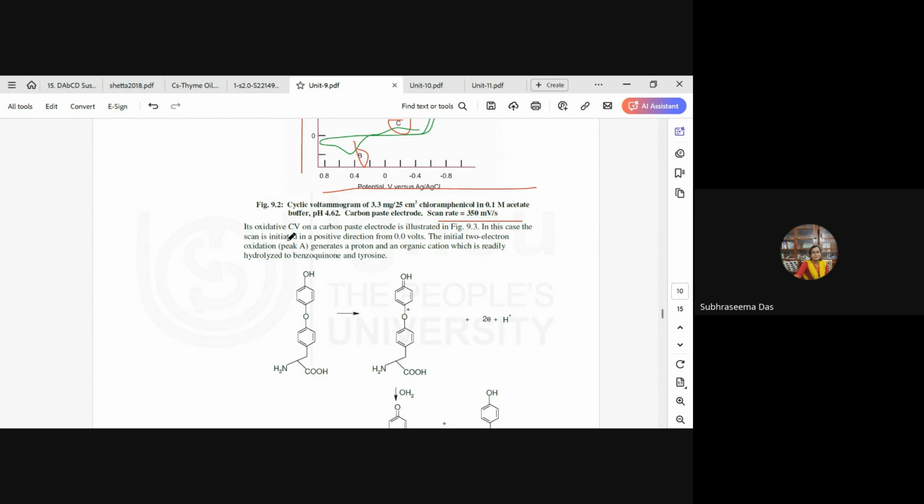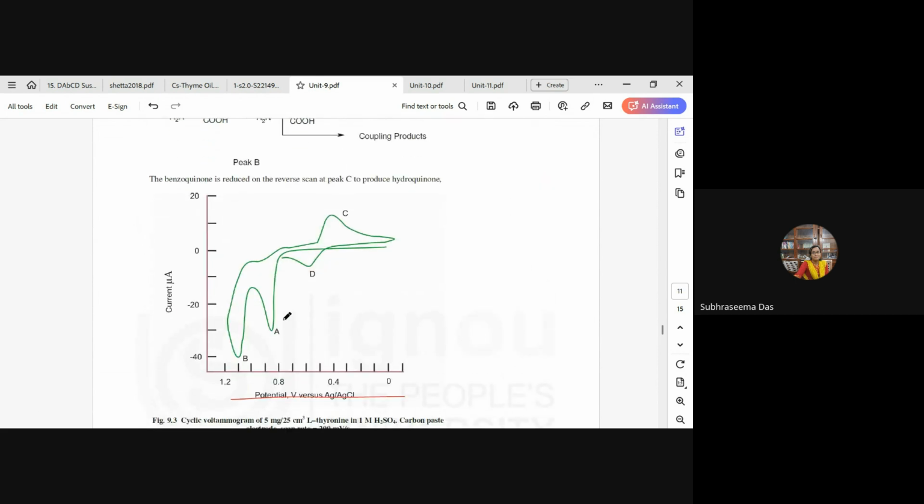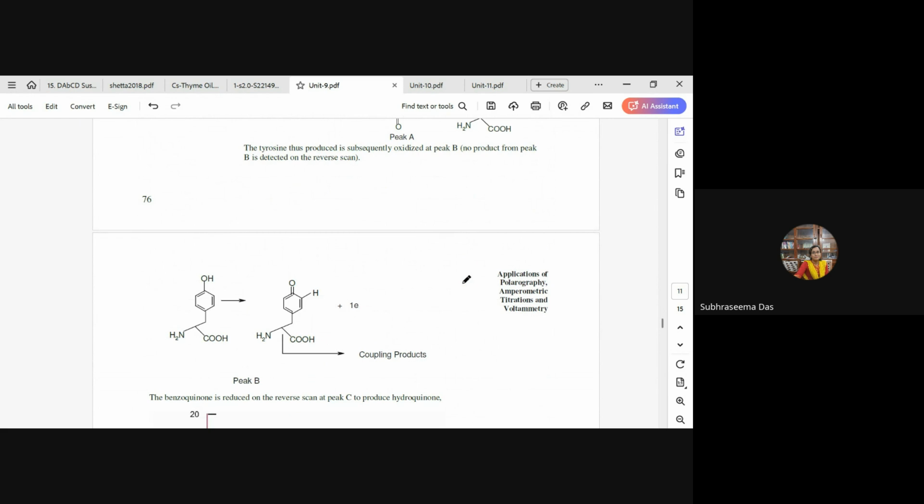Here the scan is initiated from 0.0 volt. At the initial two electron peak, peak A, it generates a proton and an organic cation which is hydrolyzed to benzoquinone and tyrosine. The tyrosine thus produced is oxidized at peak B.